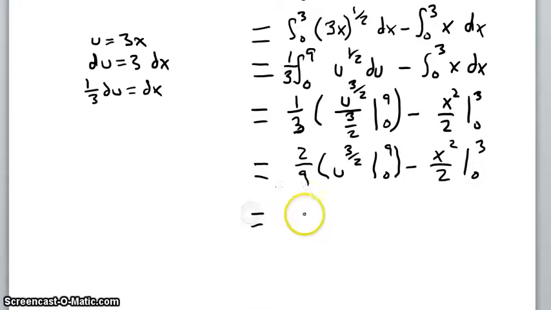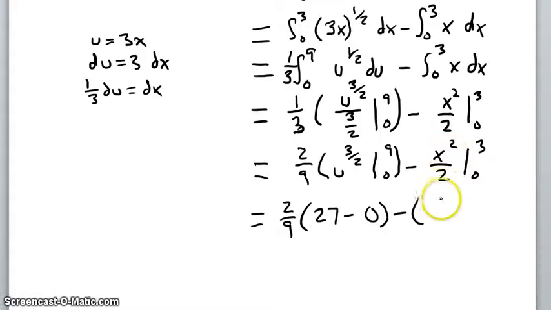Now I'm going to evaluate. So I have 2/9, and then we have 9 to the 3/2, which is equal to 27, minus 0 to the 3/2, which is 0, minus, we have 3 squared is 9 over 2, minus 0 squared over 2 is 0.